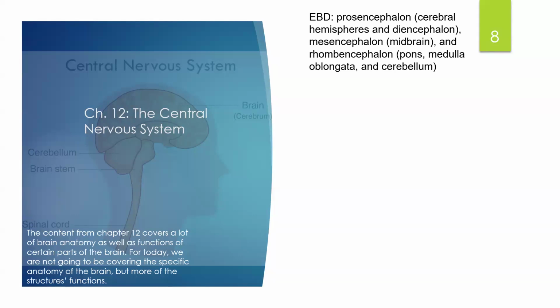The structures: this is the prosencephalon, which are your cerebral hemispheres and the diencephalon. The mesencephalon, which is your midbrain. And then your rhombencephalon, which are your pons, medulla oblongata, and cerebellum. Again, for lab, you're going to want to know the specific regions and where they belong. Again, this is early brain development.